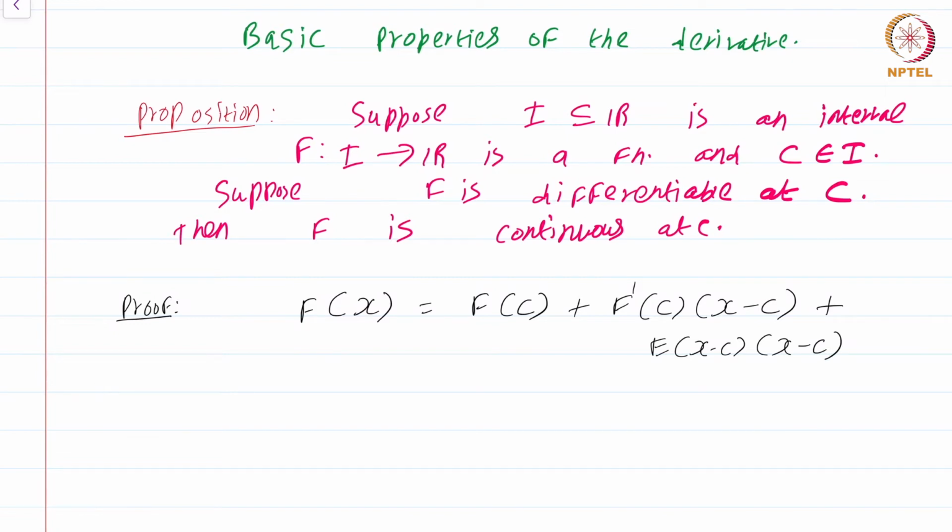Okay, now take the limit x going to c on the RHS. This will vanish and so will this, right?